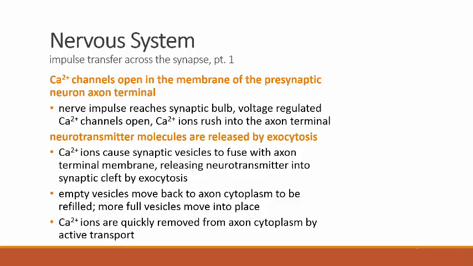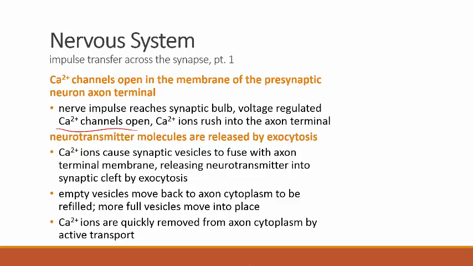So when an action potential arrives at the axon terminal of the presynaptic neuron, when it reaches that synaptic bulb, that opens voltage-regulated calcium channels. So the calcium channels open, and calcium rushes into the axon terminal. Now we saw this same effect at the neuromuscular junction.